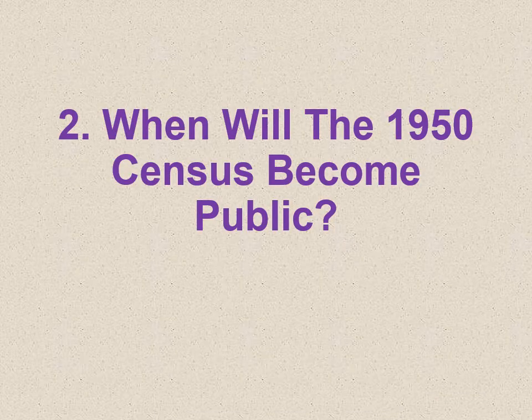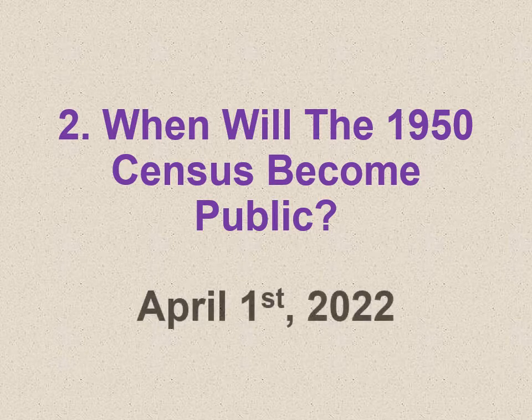FAQ 2. People ask, when will the 1950 census become public? And the answer is after 72 years. So on April 1st, 2022, the National Archives, which presumably will have its own website devoted to this, will open up the images of the schedules.